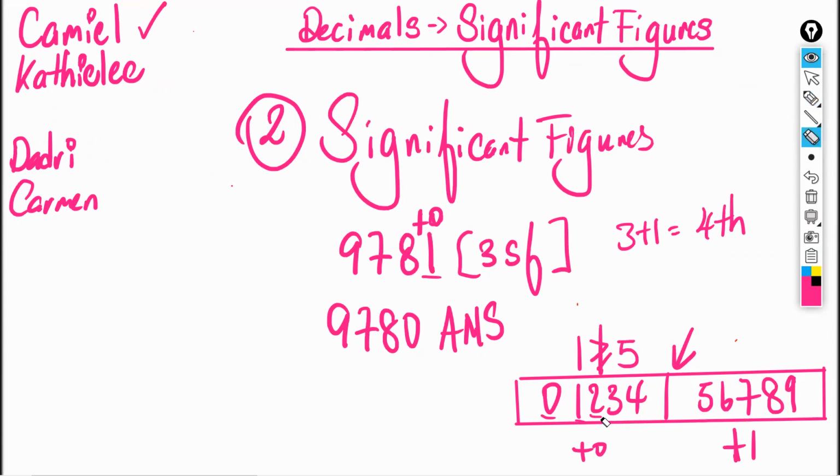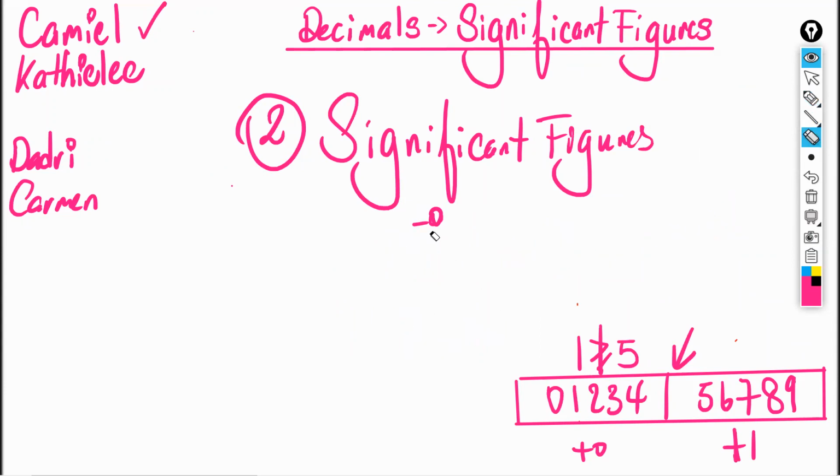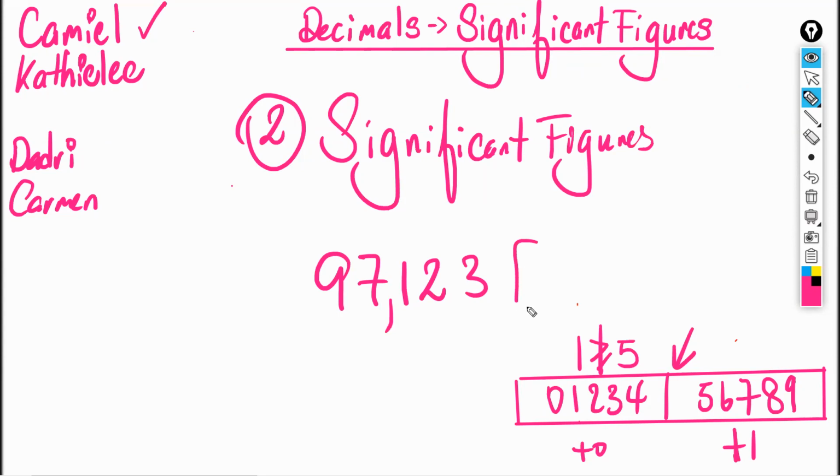All right. And let's just do one more. Remember, we're doing 3 of them, guys. We want to do as much practice as we can. Let me do another short one as an example. So suppose we have 97,123. And I want this to 3 significant figures.